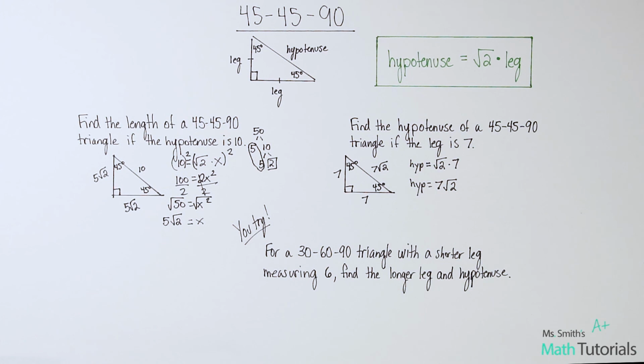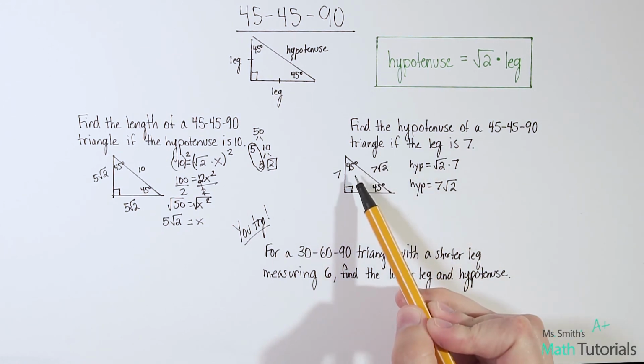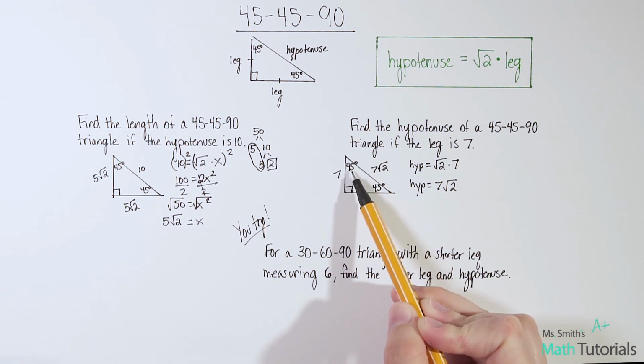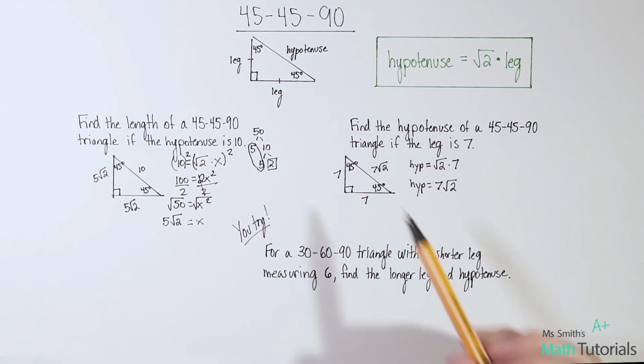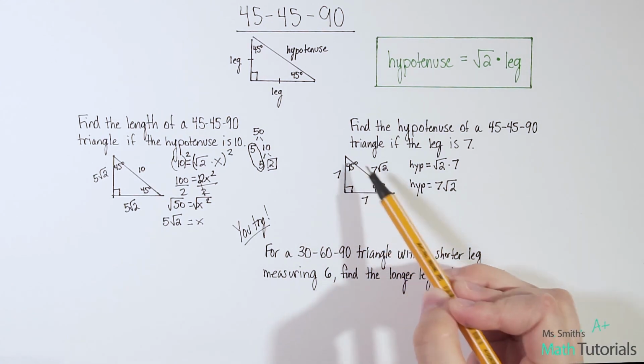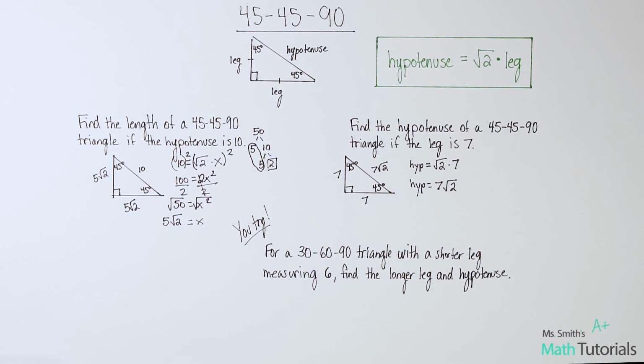And you can only use 45, 45, 90 or 30, 60, 90 if you are either A, explicitly told it was one of those triangles, or if they've given you a picture where, in this case, at least one angle is labeled 45 and one is a 90, or if it was a 30, 60, 90, as long as one is 90 and they've told you at least one of the angles is 30 or 60.